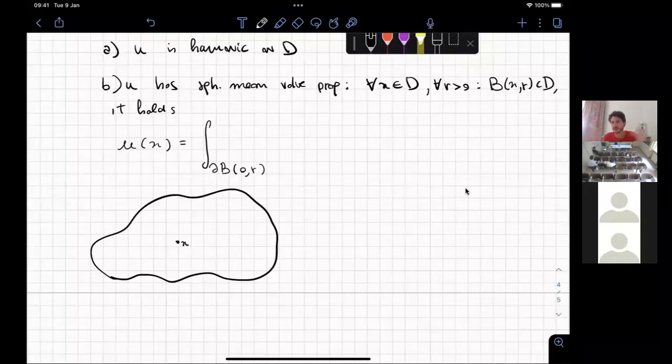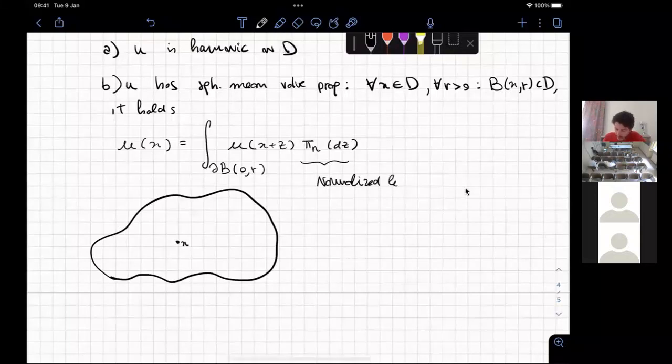Here we start from 0, but because we are translating the things, of U(x plus zeta). Here I use this ugly notation, but this is just the normalized measure on the boundary.